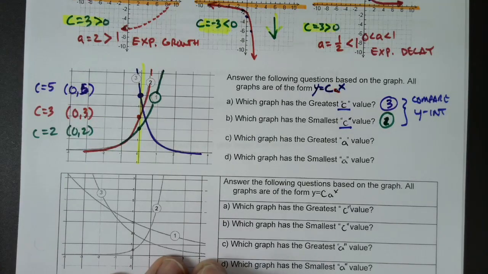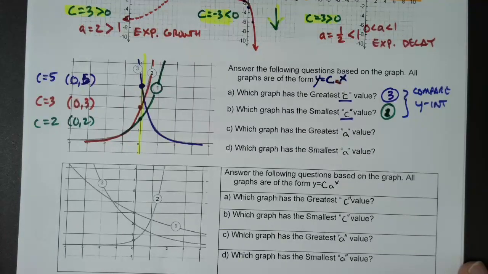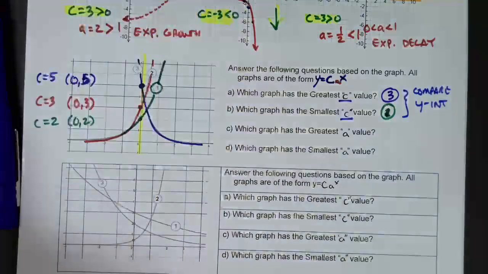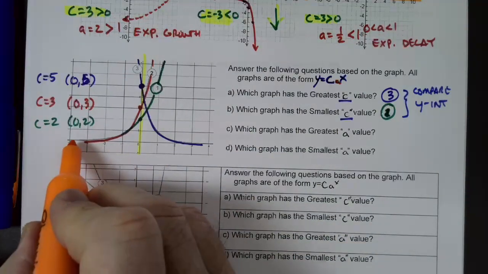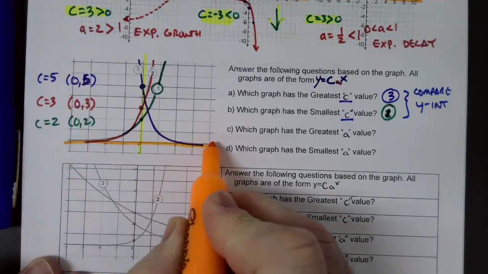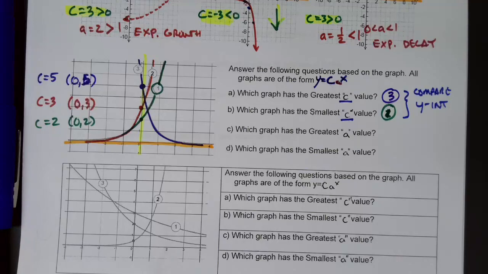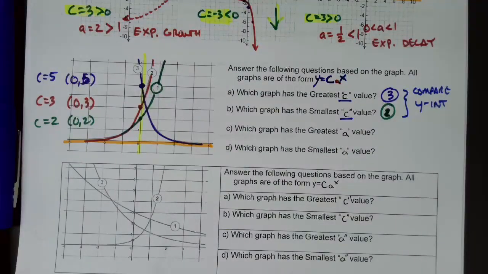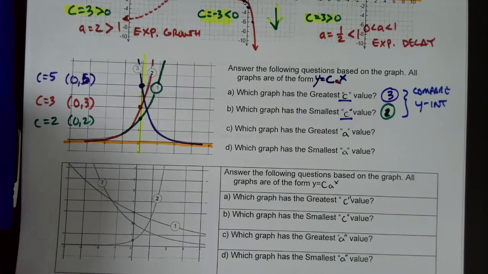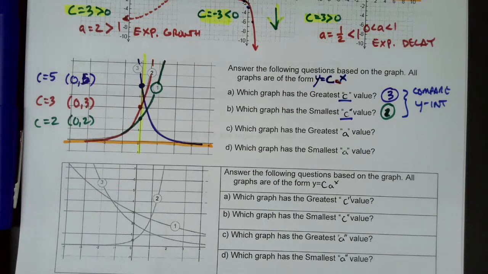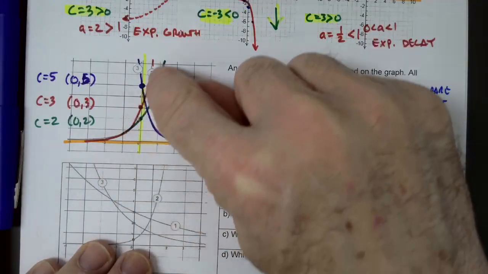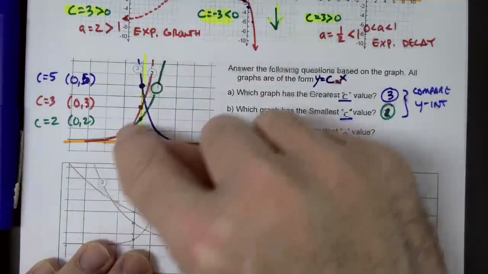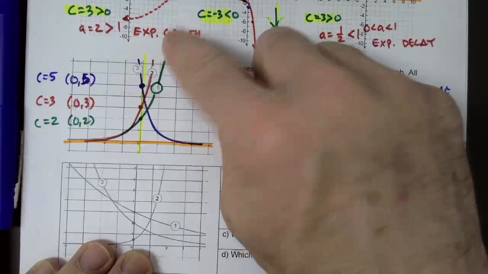Now, a values. Let's compare our a values. Well, first of all, you can see here is that y-axis. We know that each one of these c values is positive. It kept it up above that. But now the difference between these is, take a look at how this one and this one, the red one and the green one, they are growing.